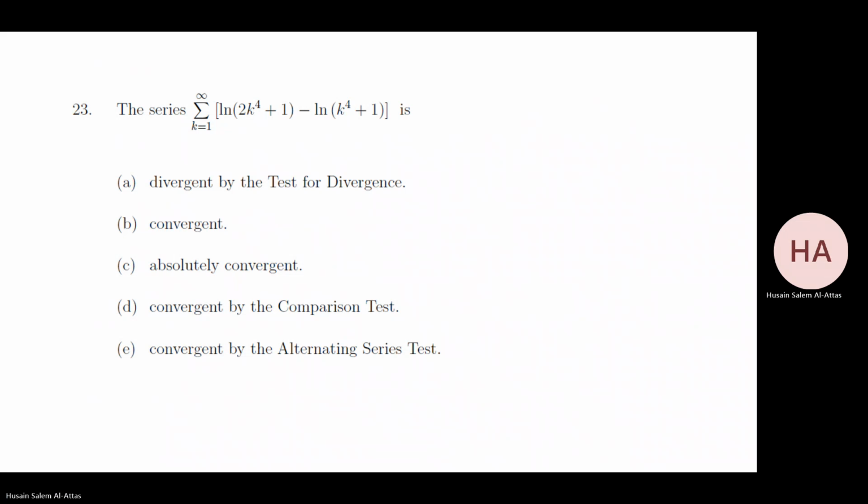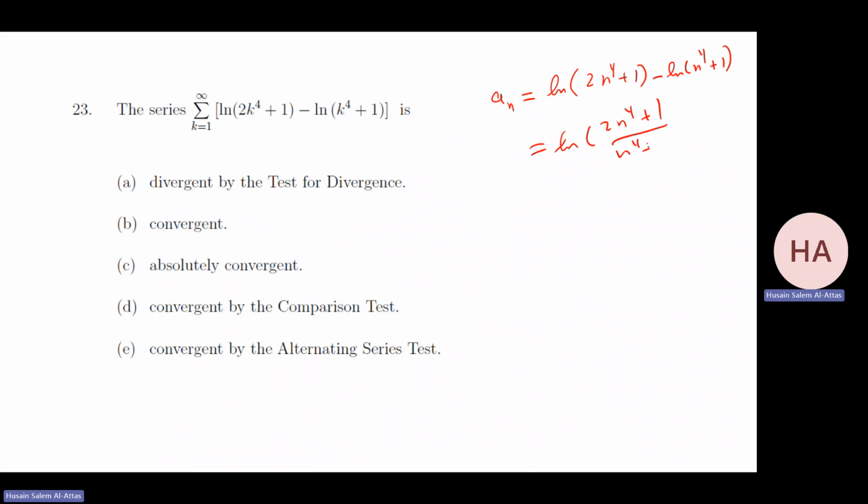If we look at this series, what is a_n? a_n will be ln of (n to the power 4 plus 1) minus ln of (n to the power 4 plus 1), which is ln of (2n to the power 4 plus 1 over n to the power 4 plus 1). So it will be the limit of a_n as n goes to infinity of this ln.